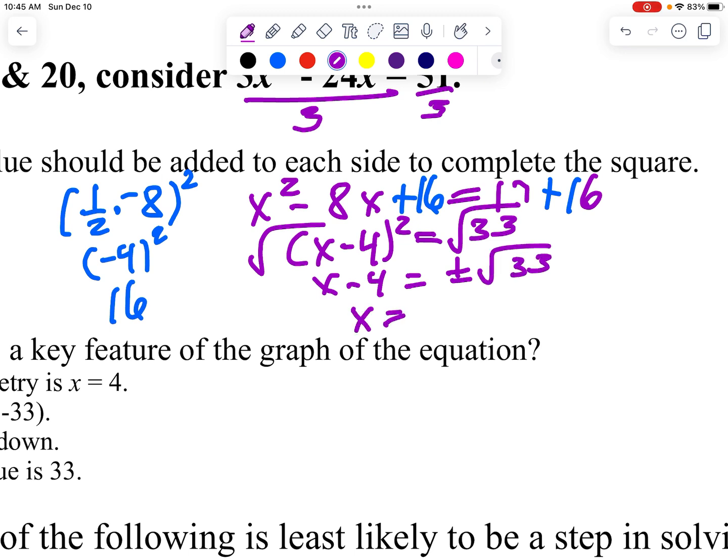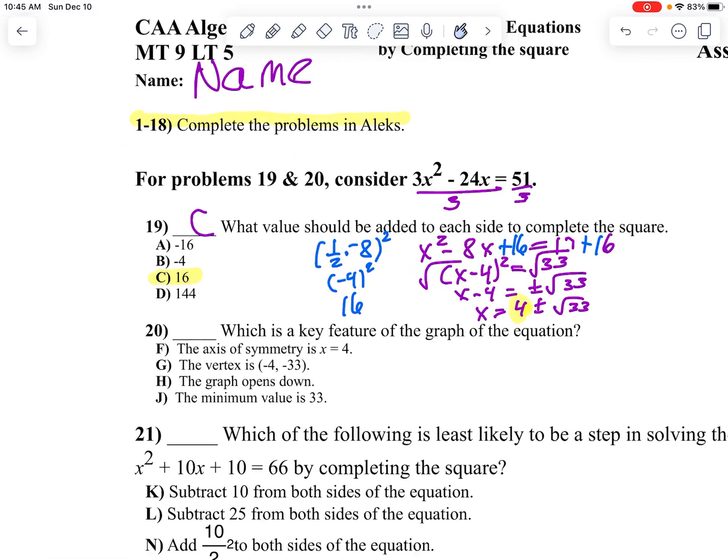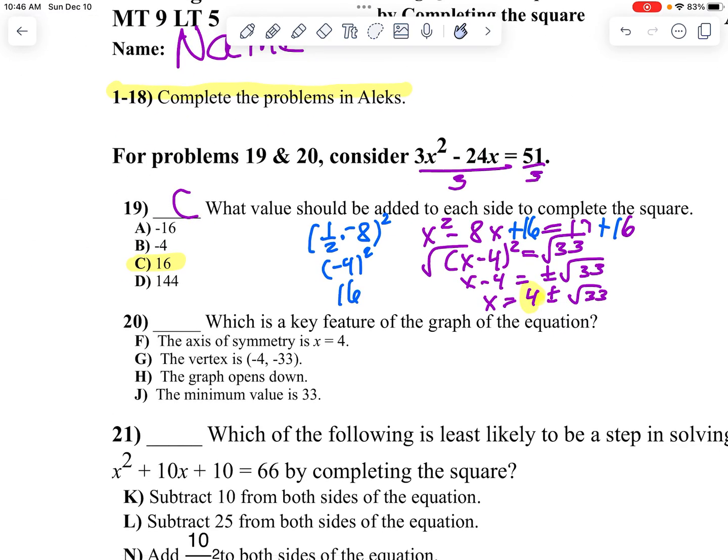So x equals 4 plus or minus the square root of 33. Notice my vertex is at x equals 4. So my axis of symmetry is x equals 4. Okay?